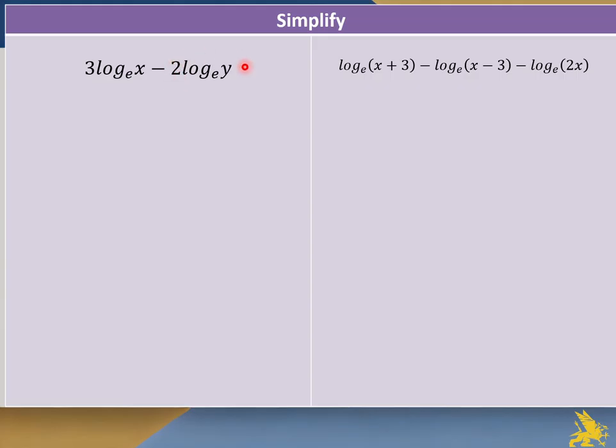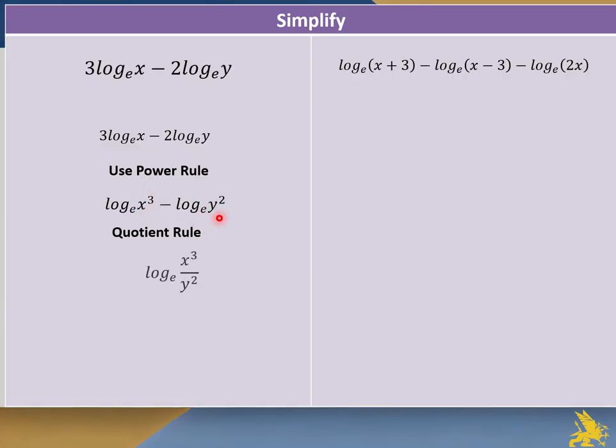This 2 is going to be grabbed out and put over here, so it'll be base e y to the power of 2, and this will be base e x to the power of 3. Now I've done that, I can use my rule, and that is we're taking away. So I'm using the quotient rule, which is this divided by this. So that gives me log base e x cubed over y squared.